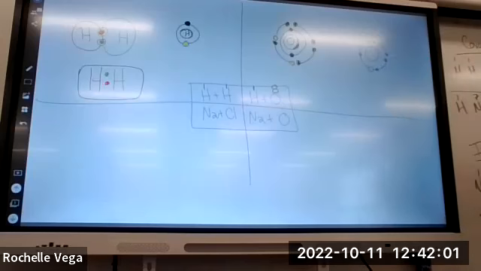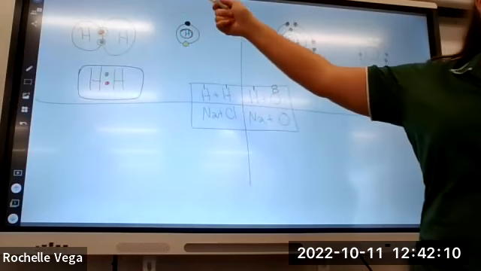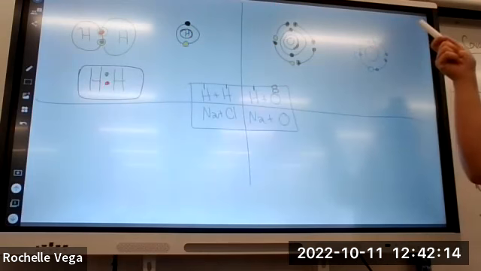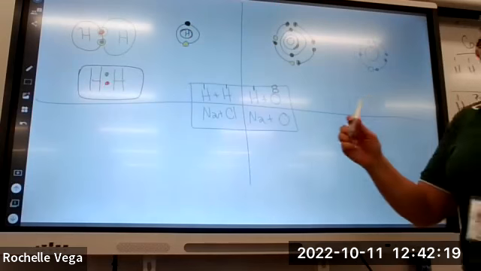All right, so now if I want that oxygen to interact with a hydrogen, my hydrogen, remember, has only 1 spot it can interact. So is my hydrogen going to be able to interact with both of these? No. Can it interact with one of them? Yeah.